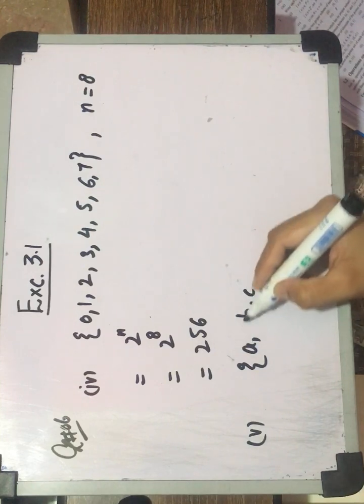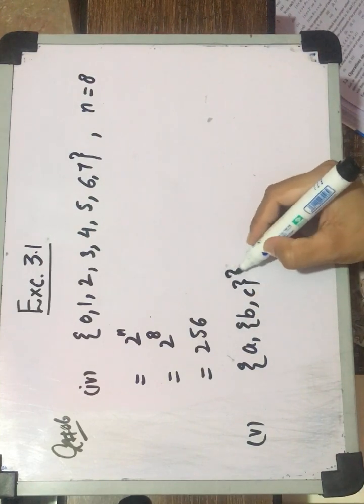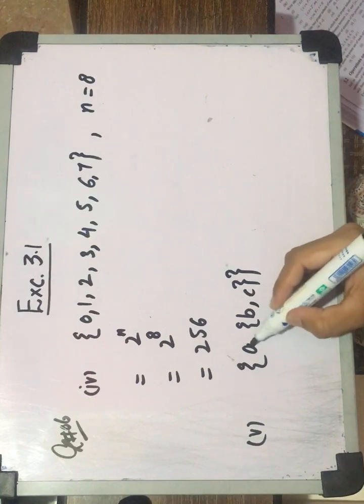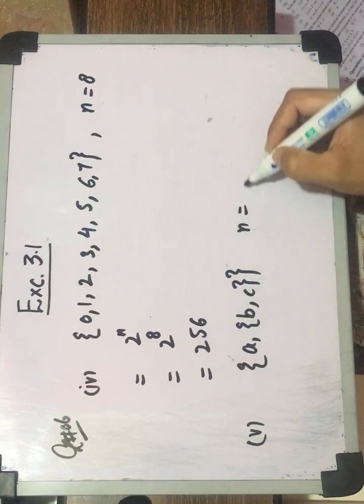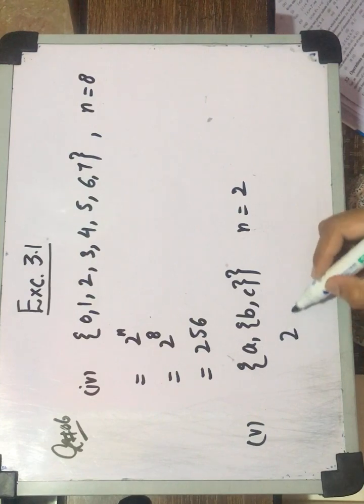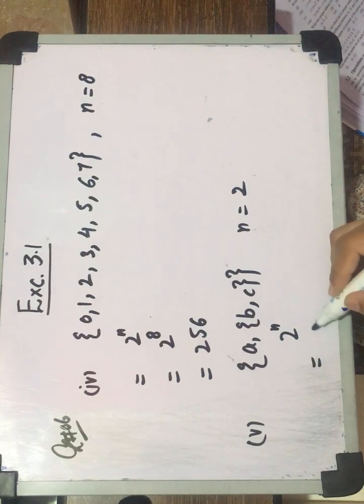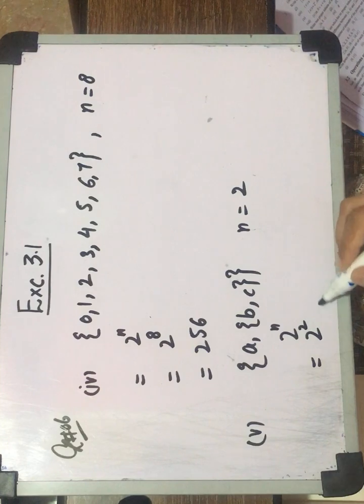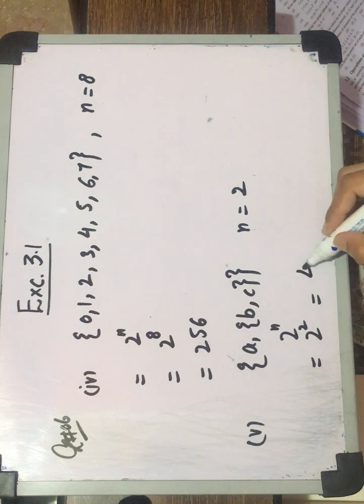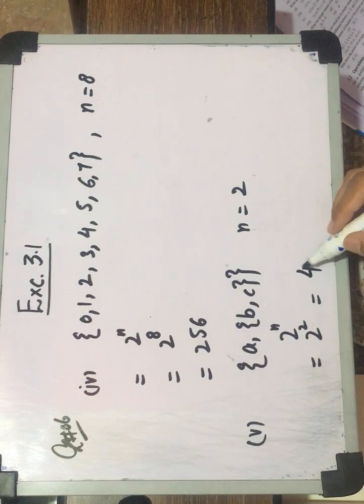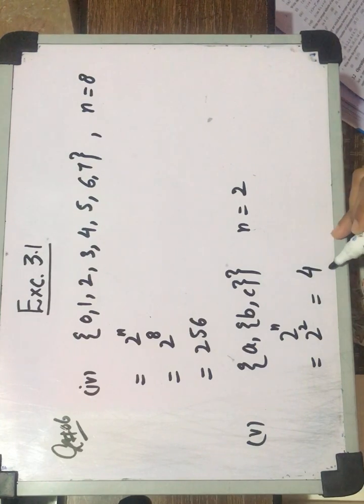How many elements are there in this set? N is equal to 2. So we have 2 raised to power n, 2 raised to power 2, and we have 4. It means the number of power sets for this set is 4.